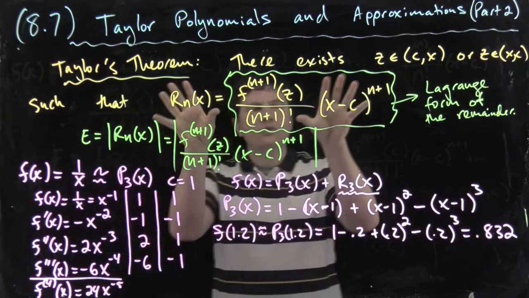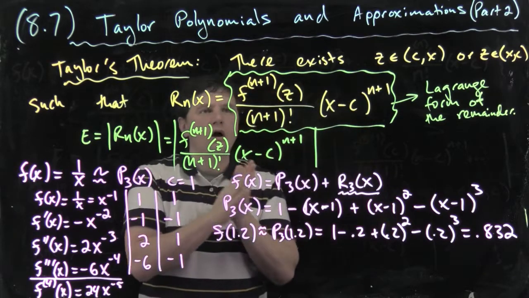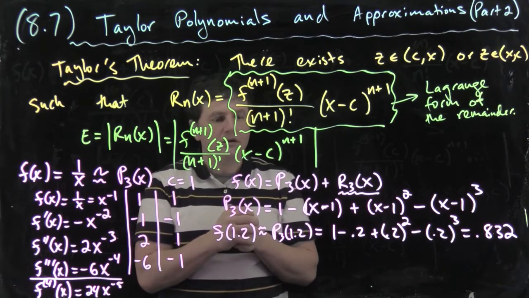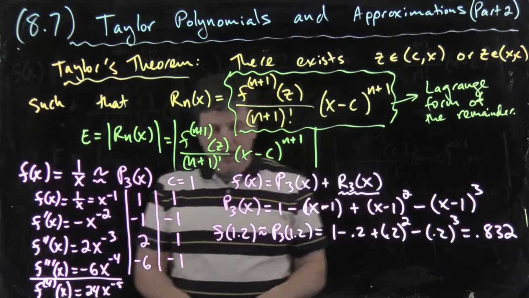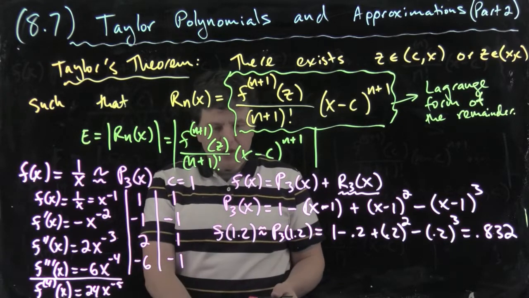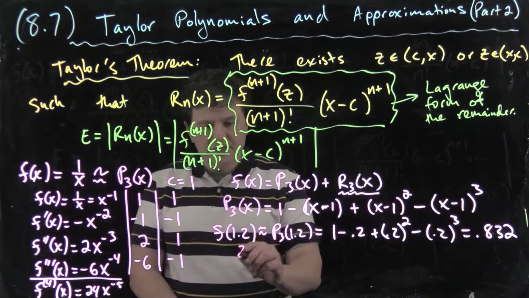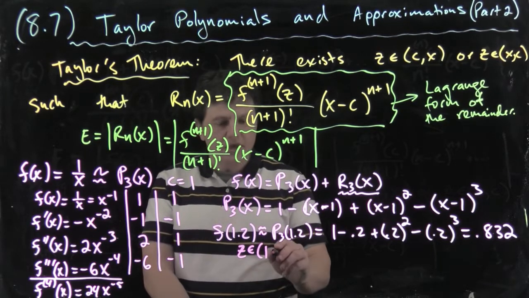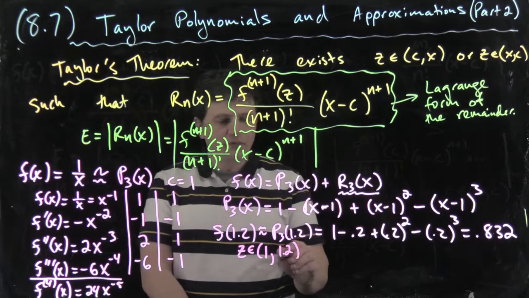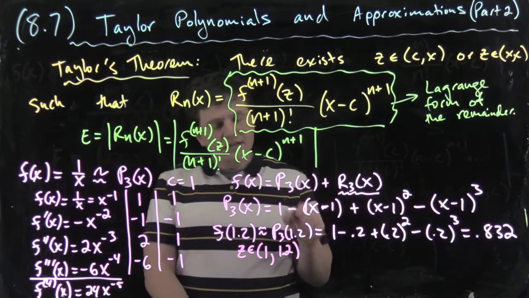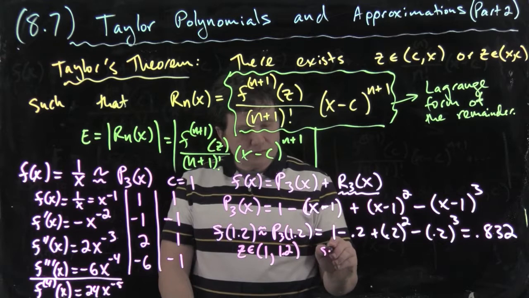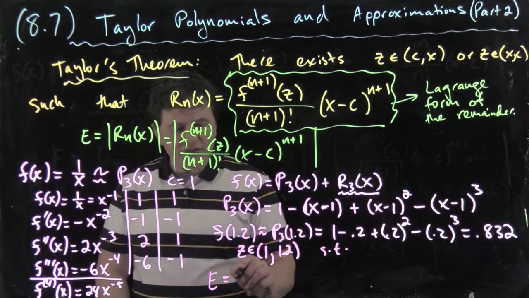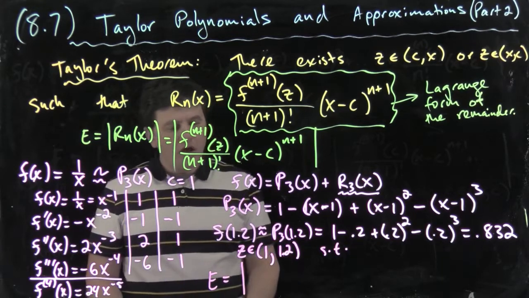All right, so what we're going to do is use this Lagrange form of the remainder to get a hold of our actual error, okay? So what Lagrange tells me is there's a z, somewhere between our center, which in this case is 1, and our approximation, which is 1.2, such that our remainder, or our error, is equal to the absolute value of the next derivative.